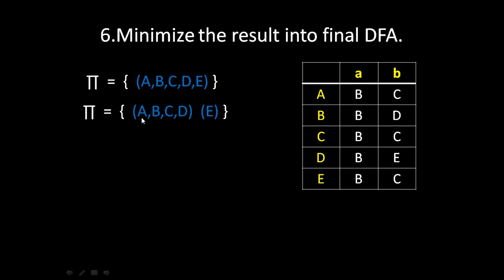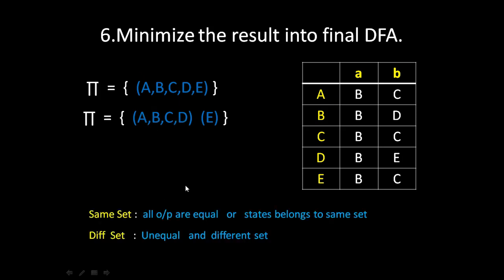Next, compare the first state with the remaining states. So I first compare A and B. During the comparison, I want to check whether the B state is present in the same group as A or not. Same state means the output of B may be the same as A or present in the same group. So BC and BD both are present in the same group, so I conclude A and B are in the same group.